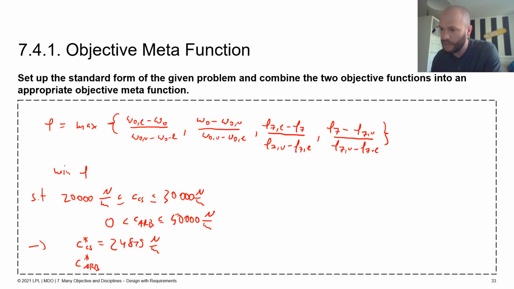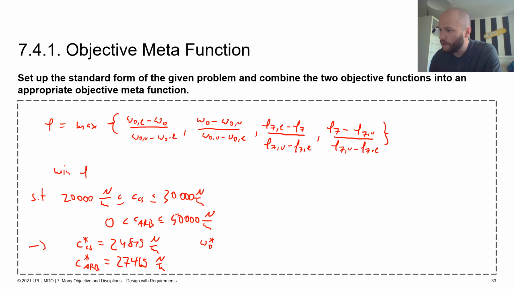And for the anti-roll bar stiffness, to solve that, we carried out an optimization in MATLAB. So this was not part of the exercise, but still we can give you the values of that, and also maybe the values of the quantities of interest here, or of both objective functions.